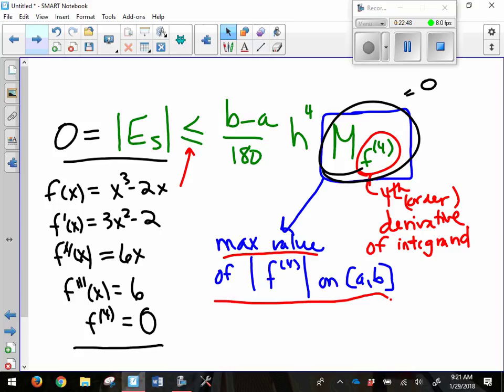It's the error bound, which means it's the biggest difference you could have between the exact value and your approximation using Simpson's rule.